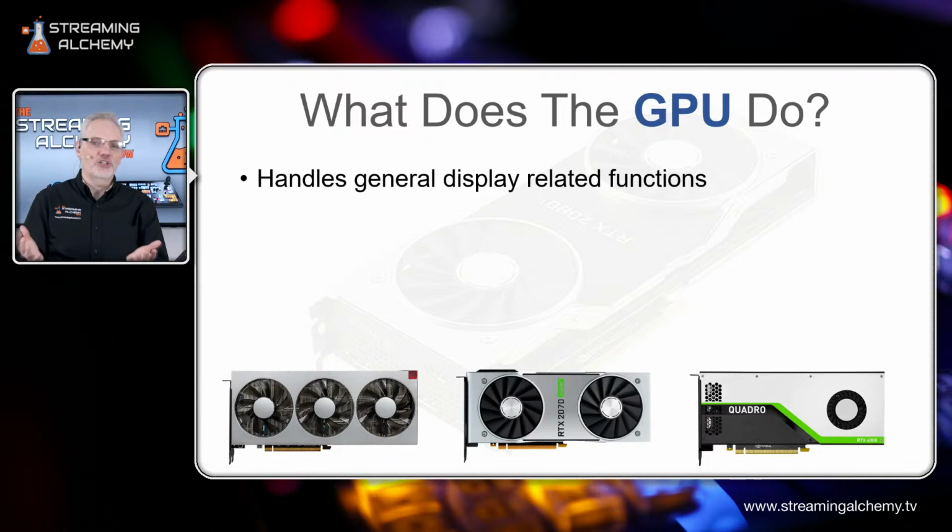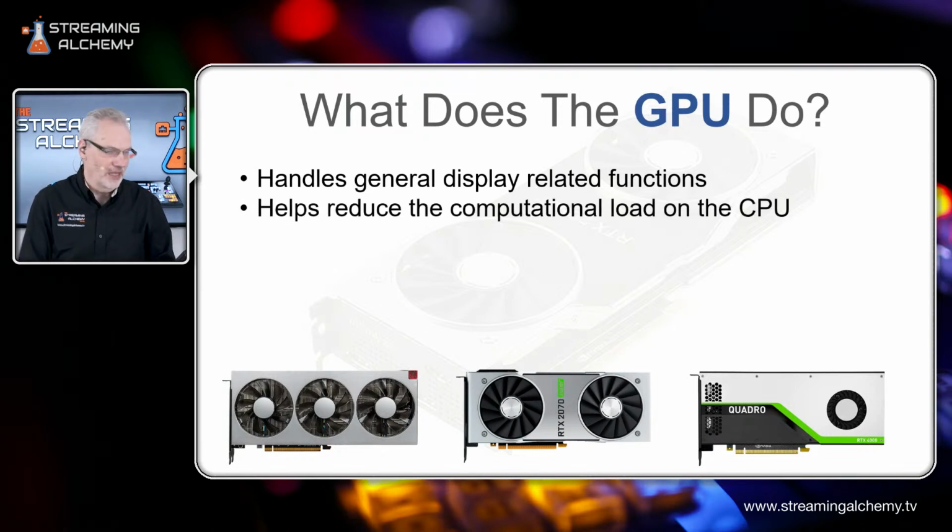So what a GPU does is, obviously it handles general display related functions, but its biggest advantage is that for a lot of mathematically intensive things, it can take the computational load off of the CPU, which means the CPU can focus more on administrative things, the flow of data and communications and other things that take place in the back end.